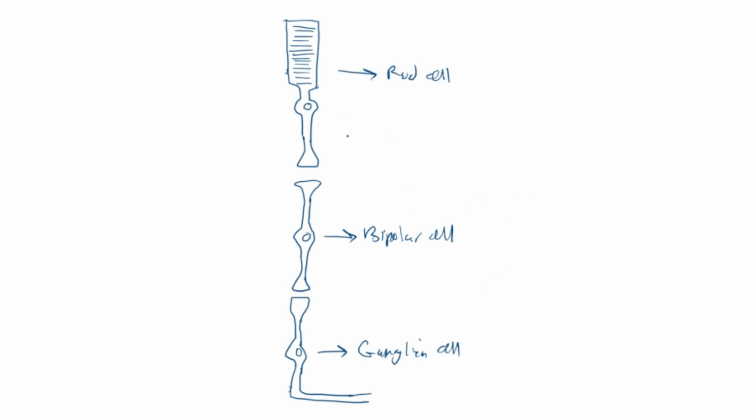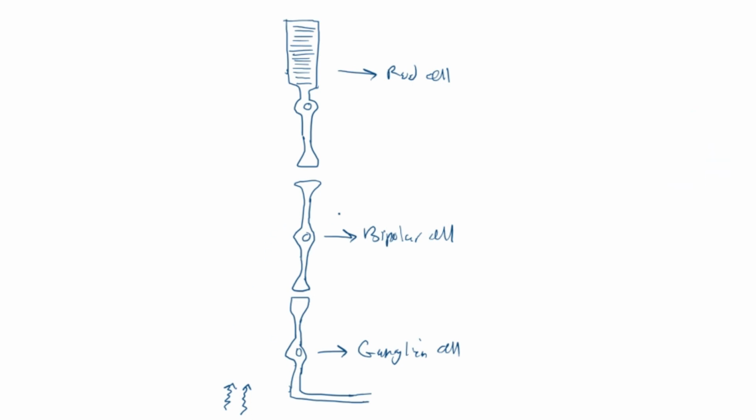So when light strikes, by the way, remember, light comes from this side. Remember, when light is striking the retina, the photoreceptors are actually at the back.